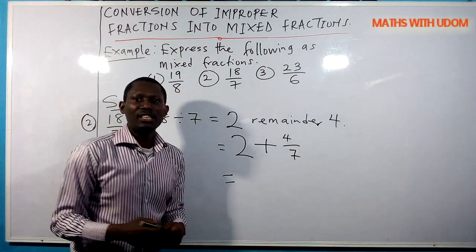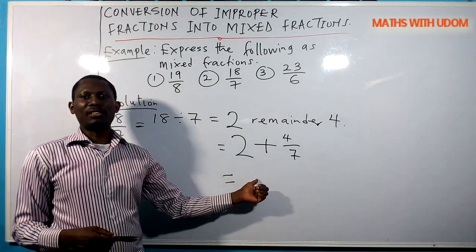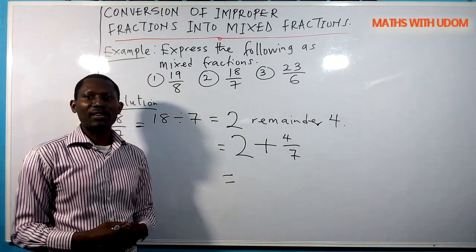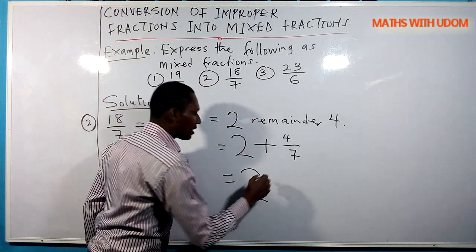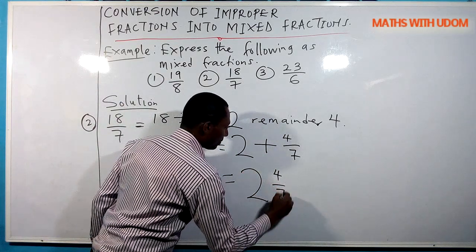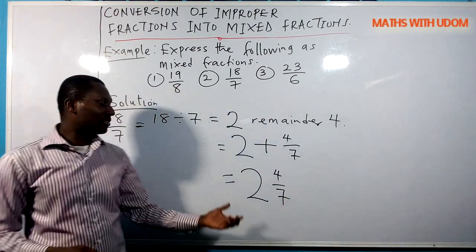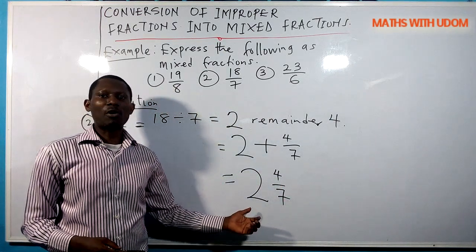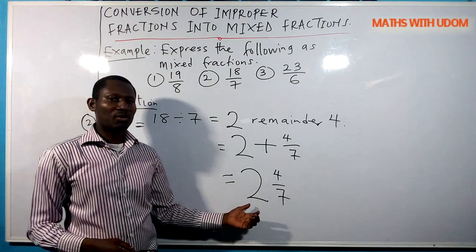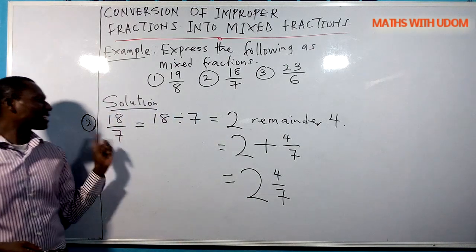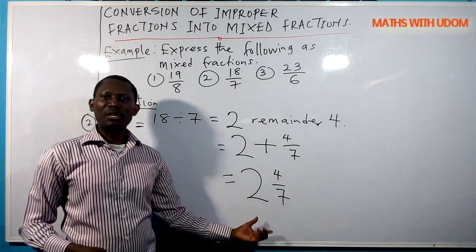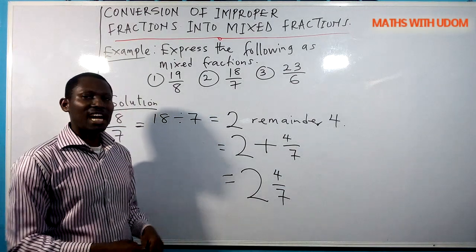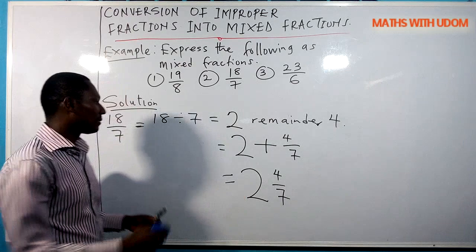The next thing is for us to combine the whole part and the fractional part together, and that will give us 2 whole number 4 over 7. So that is our answer. We have succeeded in converting an improper fraction into a mixed fraction.